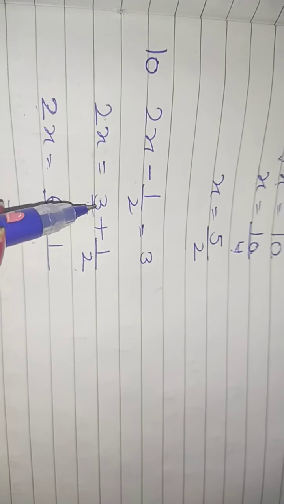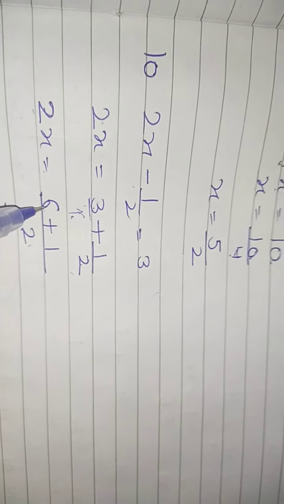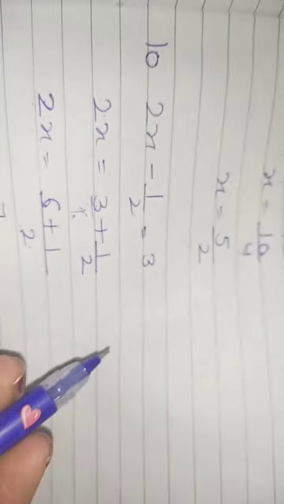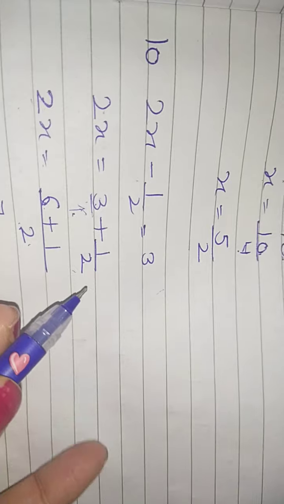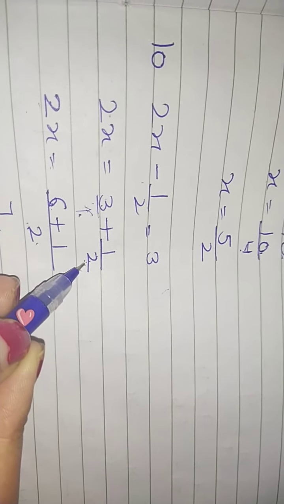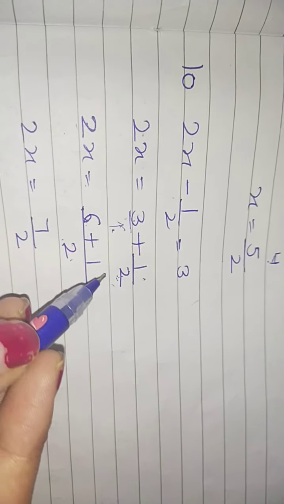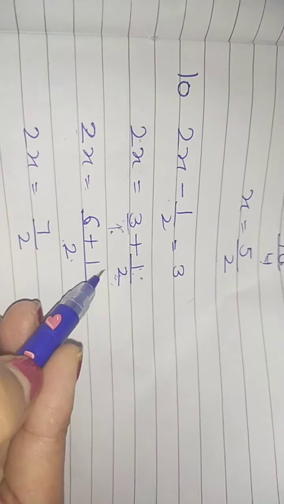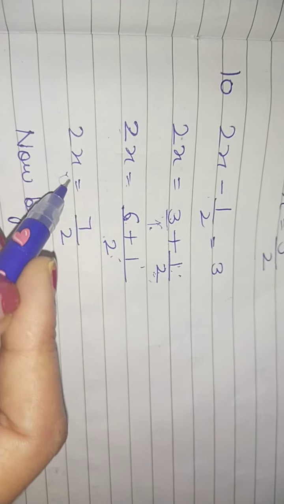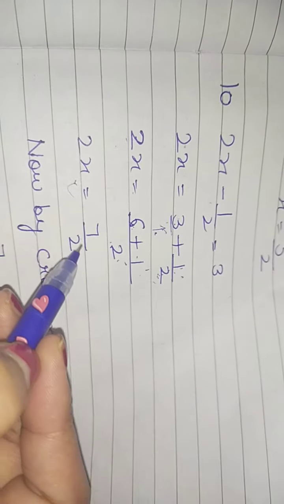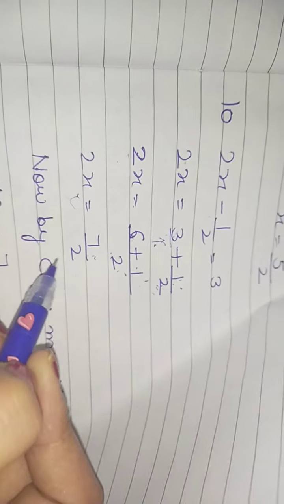Therefore we have simply multiplied 3 by 2, and it becomes 6. And when we divide the LCM 2 by this denominator 2, 2 1s are 2, the quotient is 1. So here we have multiplied 1 by 1, and it becomes 1. So the equation is 2x is equals to 6 plus 1 upon 2, that is equals to 7 by 2.